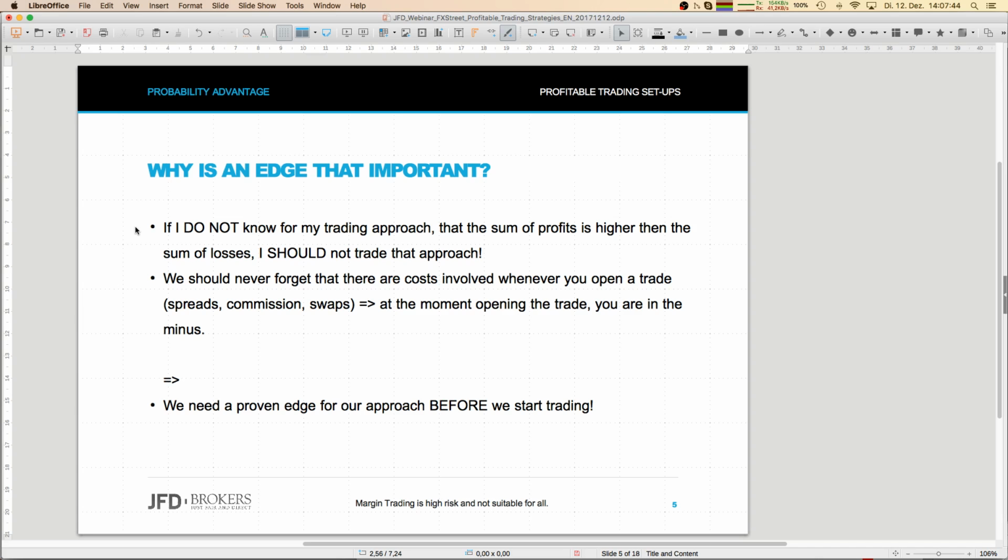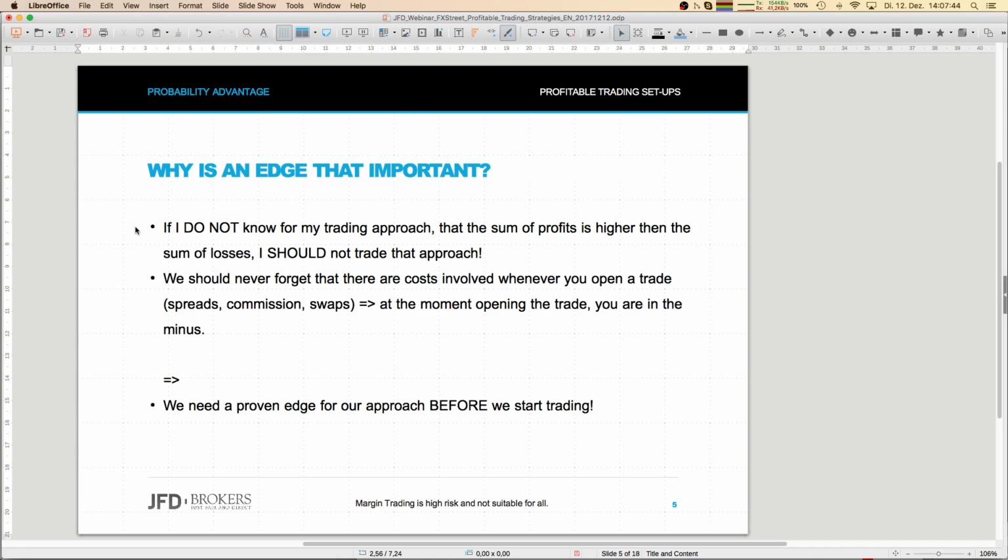for that trading approach. Finally, that means at the moment you open a trade, you are instantly in the minus. Once again, that's a simple sentence, but we have to keep in mind that at the moment we open a trade, we are first on the loser side.